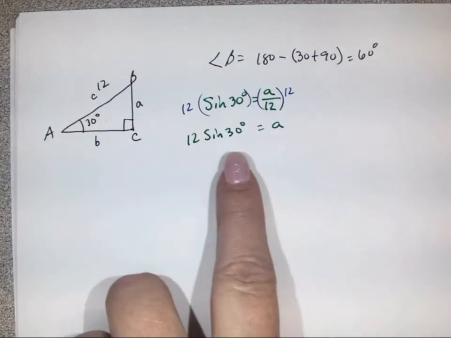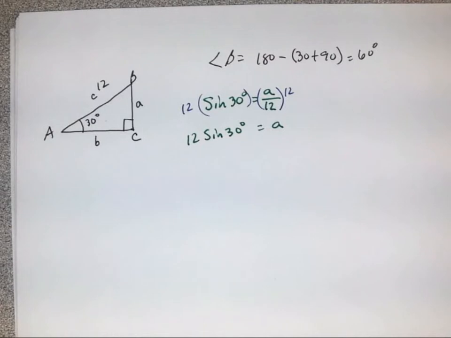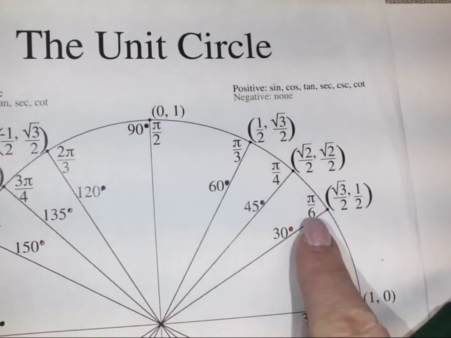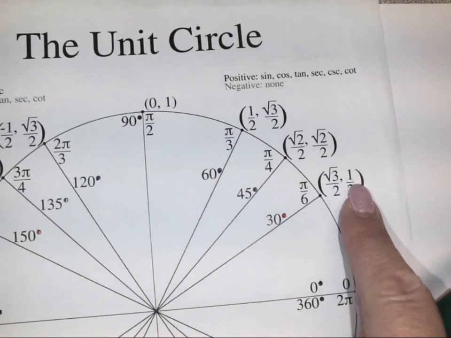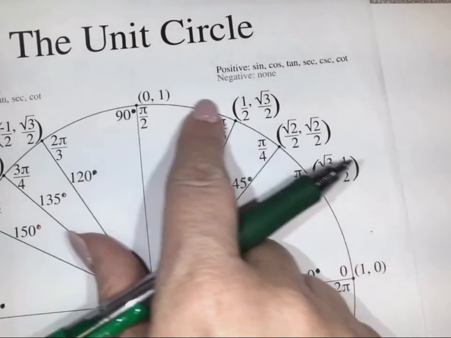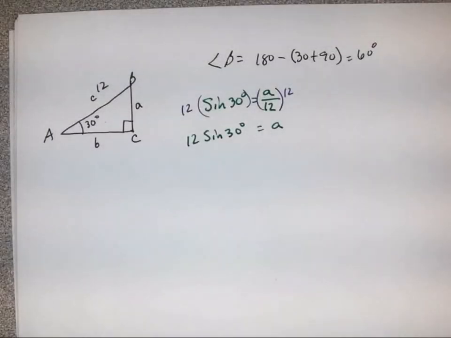Well, I can put this in my calculator, but I can also understand from my unit circle, which is what I want you to really make some connections with. The sine, remember, is the y value, and for 30 degrees that's going to get you 1/2. If you know these values, it's going to make your trig a little bit easier than just always putting it in the calculator.